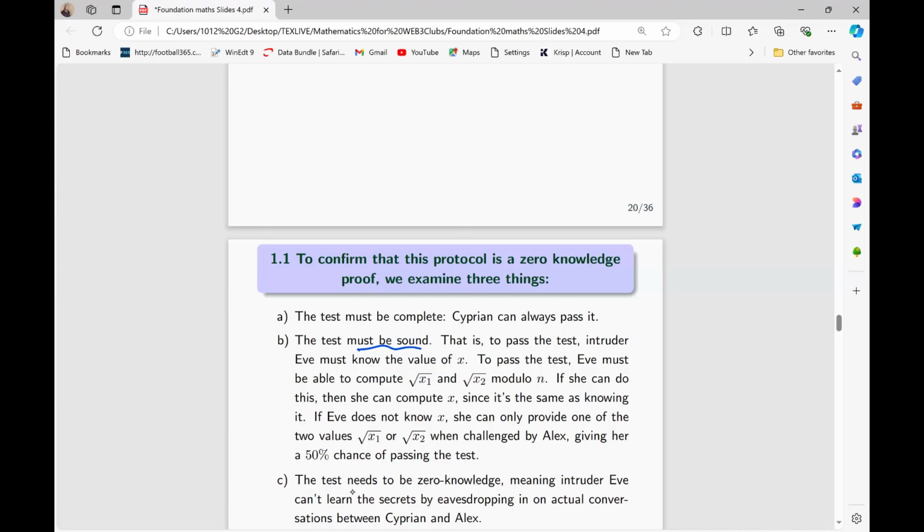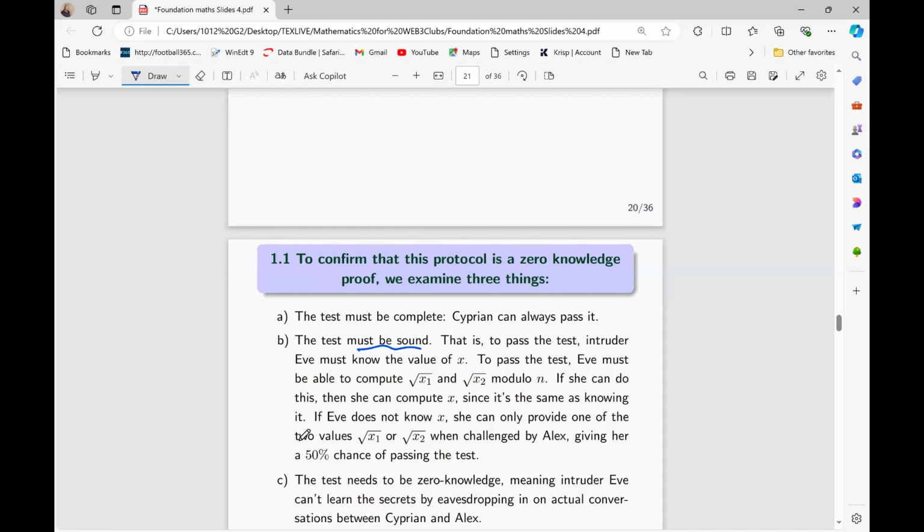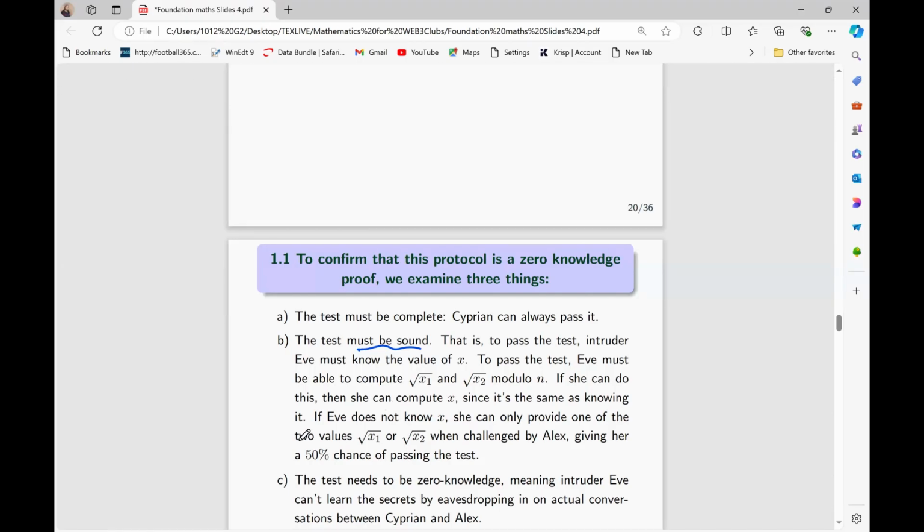The intruder may get some questions correct, but there are other questions the intruder will fail. Of course, the intruder will only get 50% correct and fail 50%. So that's what we mean by the test being sound.